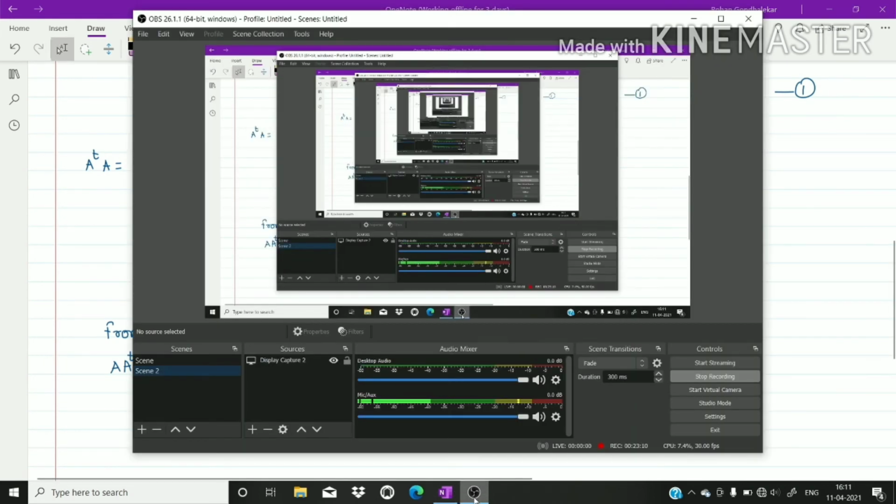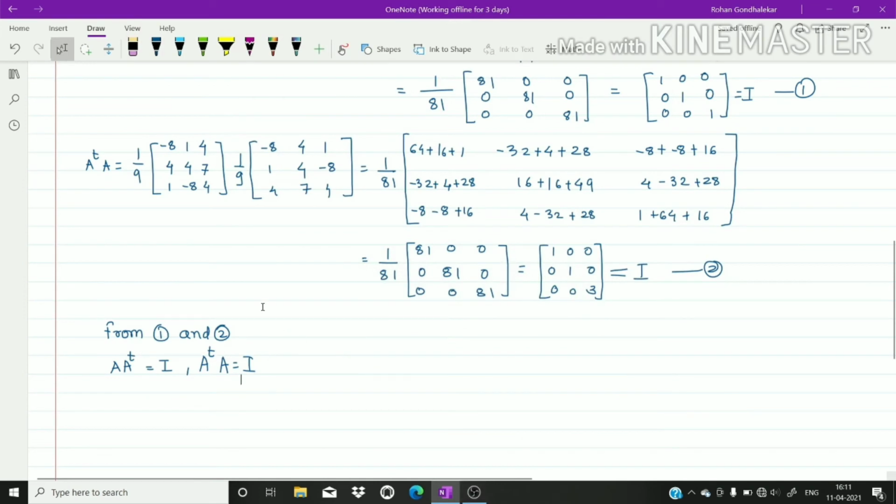Let me check. Yeah, fine. So hence what I can conclude, both products are providing the identity. So A into A transpose is equal to A transpose into A is identity. Therefore, A is an orthogonal matrix.